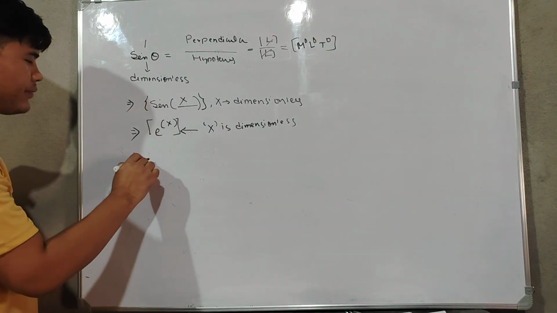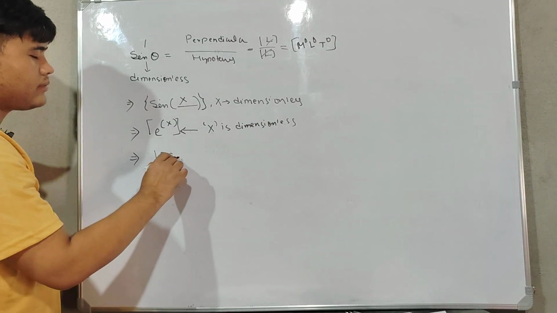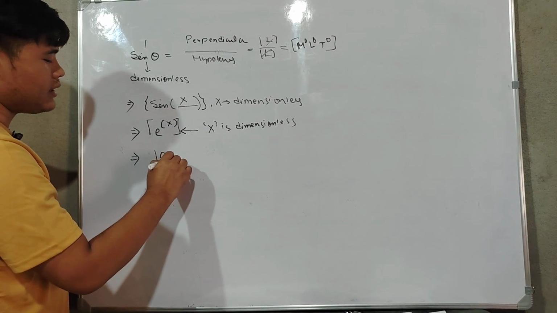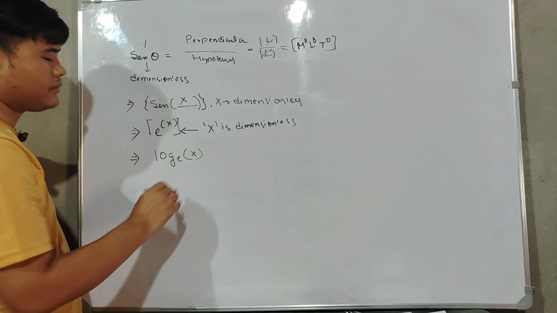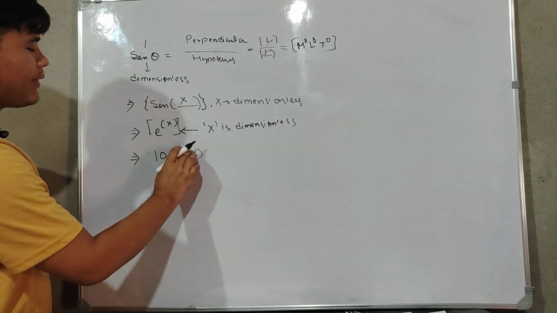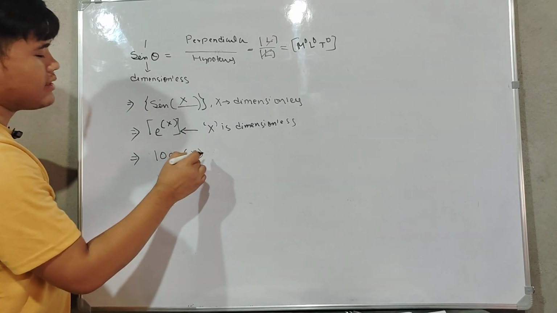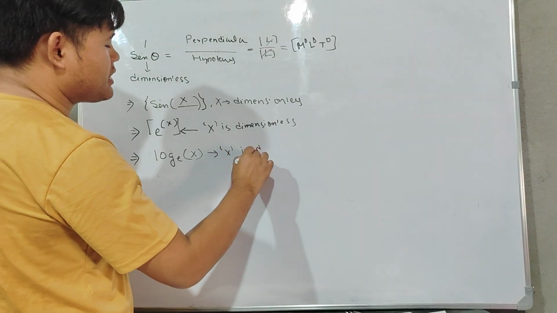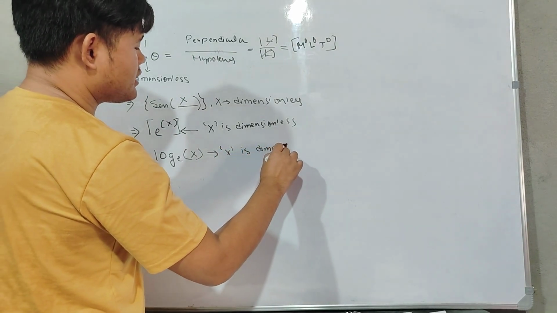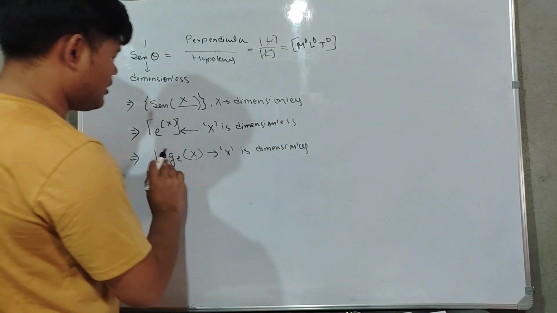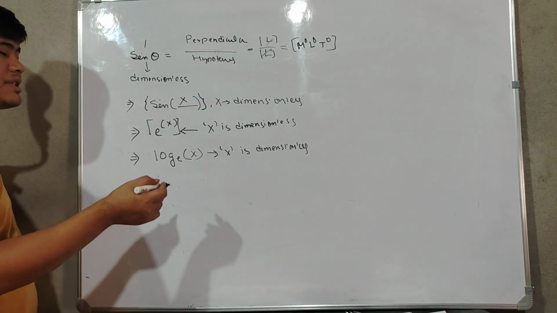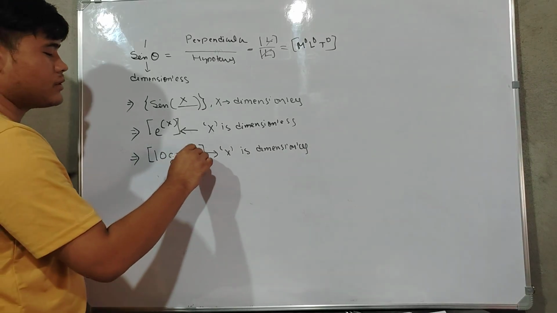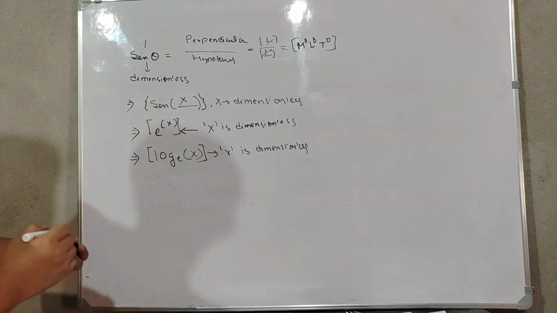Next we have log, right? And log, after that e, and then we will get some power here, okay, some value will be here, then this x also is dimensionless, whatever is there, log x, whatever is there, it will be dimensionless, and as a whole also it will be dimensionless.